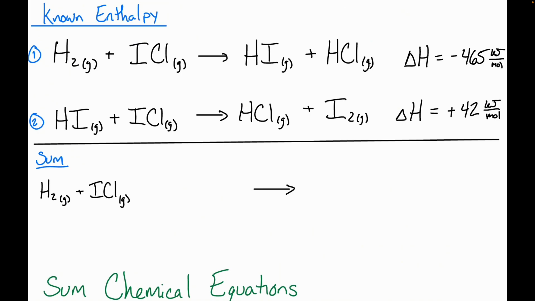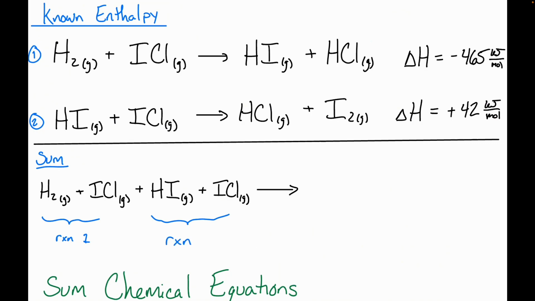These are from reaction 1. And I'm going to combine those with the reactants from reaction 2. All right, so I have my reactants from reaction 1 and my reactants from reaction 2.